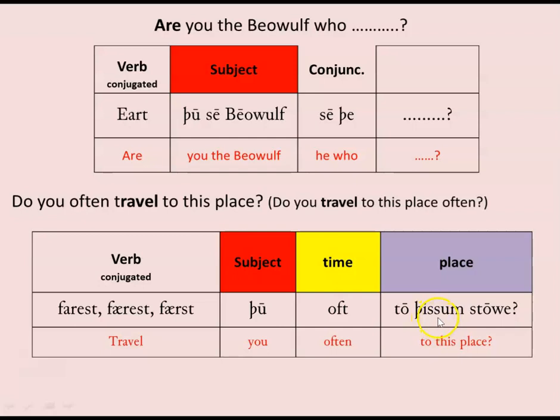Okay, thism, satolwa being a masculine or neuter noun. Okay, so farest thu oft to thism satolwa. Okay, travel you often to this place? Do you travel to this place often?